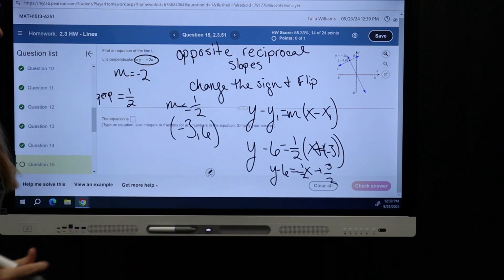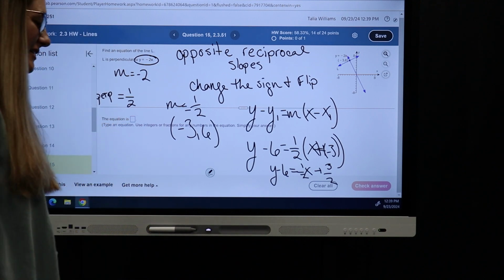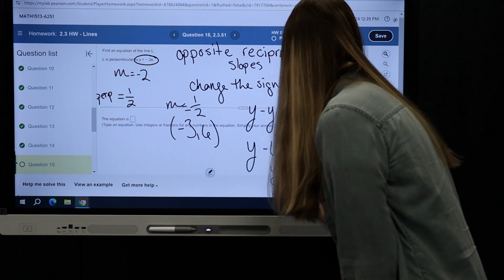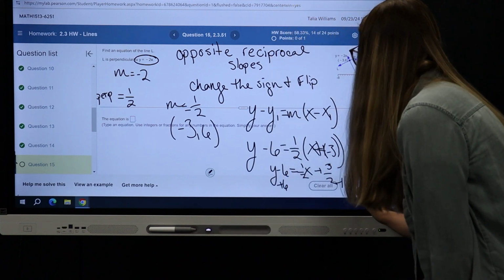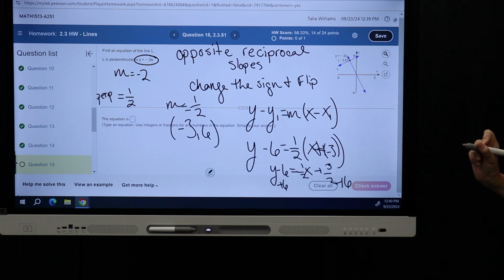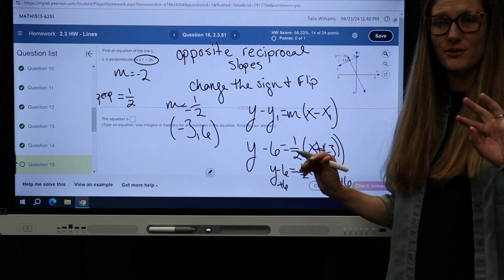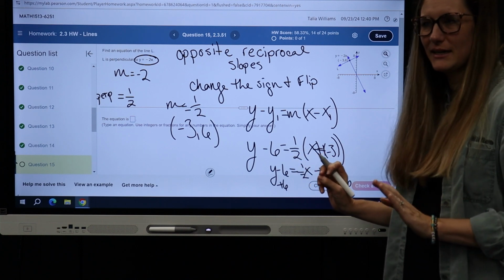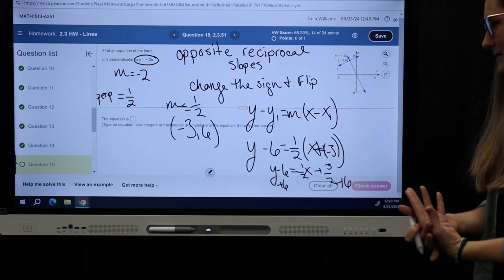3/2. Why is it so bad when I get in that corner? Then we need to add our 6 over to the 3/2. And the 6 is going to change to 12/2 because if I do 12 divided by 2, I would get 6. So I'm changing my 6 into how many halves would make 6.